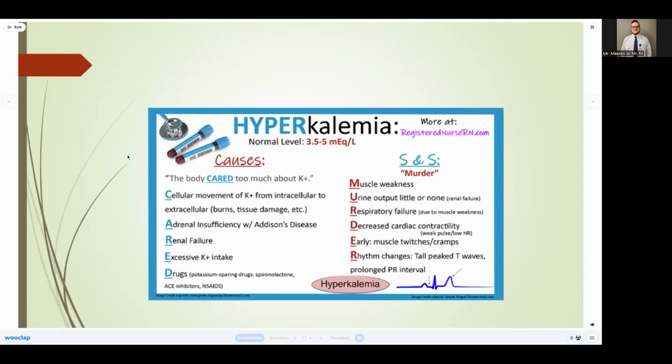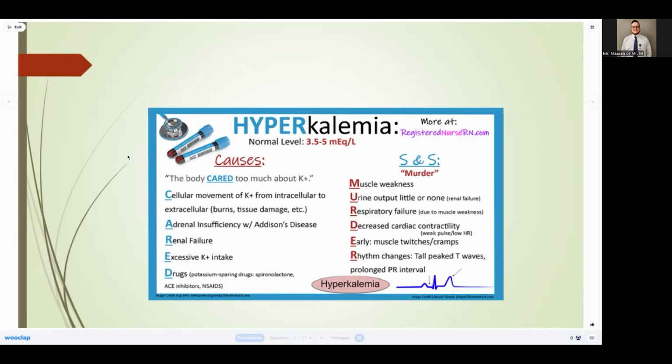Adrenal insufficiency, Addison's disease, but also renal failure and issues with the kidneys. Too much potassium intake, that's rare. And then drugs: blood pressure medicine, ACE inhibitors can affect potassium level, but also there are diuretics that spare potassium, which is good because we don't want to lose it, but they can sometimes have the opposite effect.